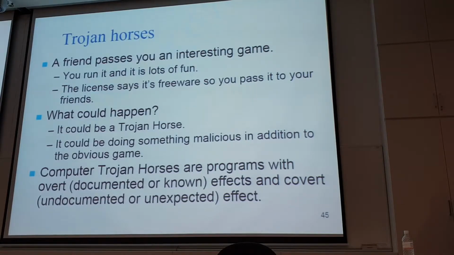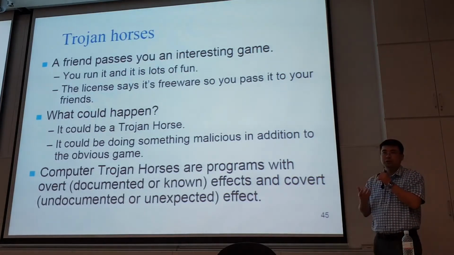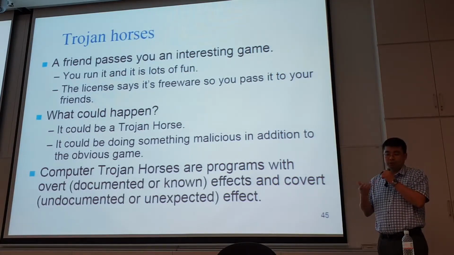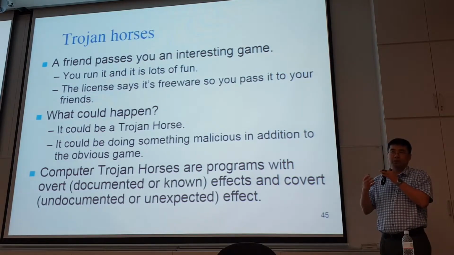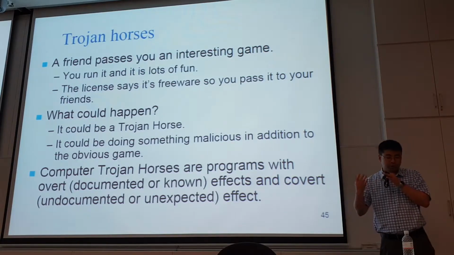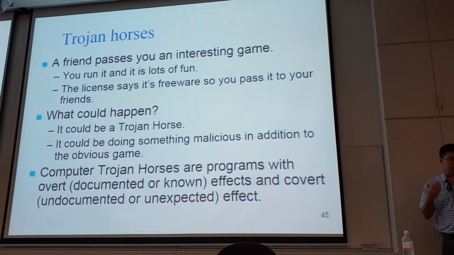There are different types of Trojan horse. One type is the web Trojan. The web Trojan will monitor, for example, whenever you open a browser and go to a bank website, then the web Trojan will start to work. For example, it can open a pop-up window.